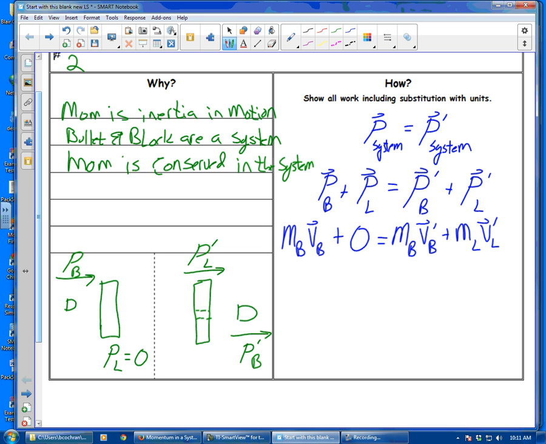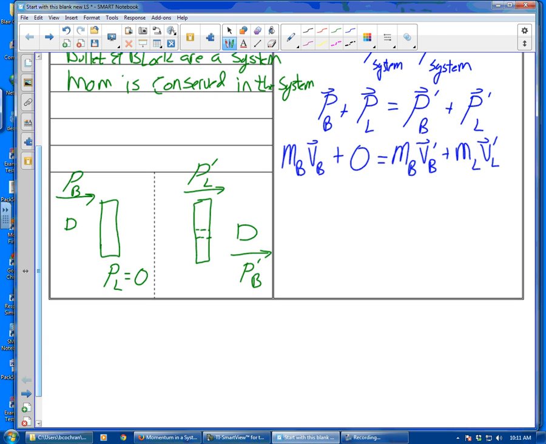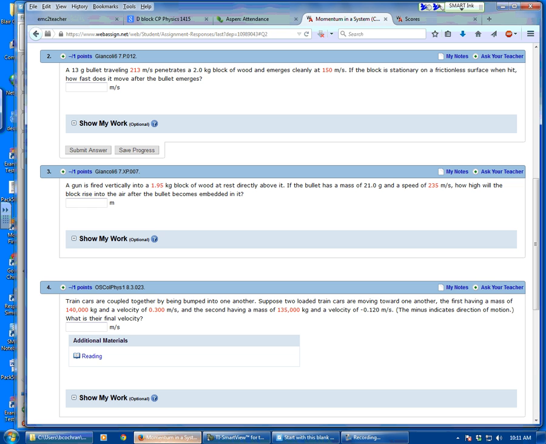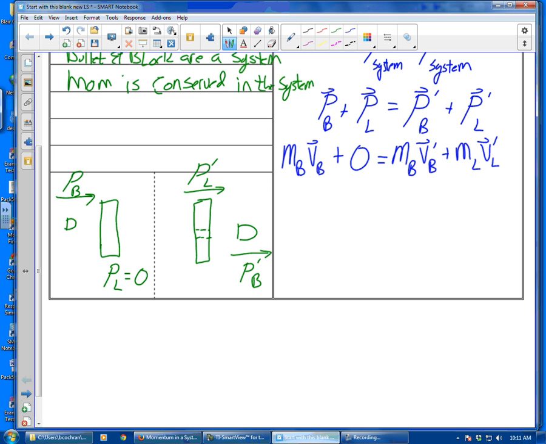Everyone knows how I replaced P with MV. Which M? There's 2. M sub B, which is for the bullet, and M sub L, which is for the block. All right, so now I just substitute in values. Inertia of my bullet, 0.013 kilograms. Well, what did I do there?